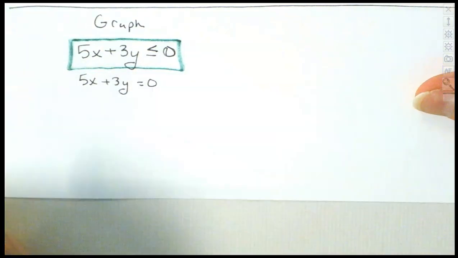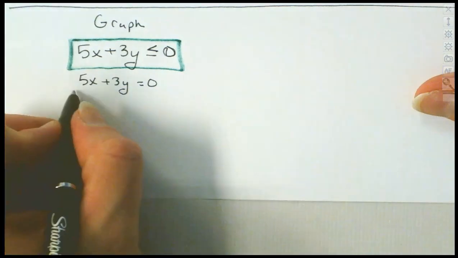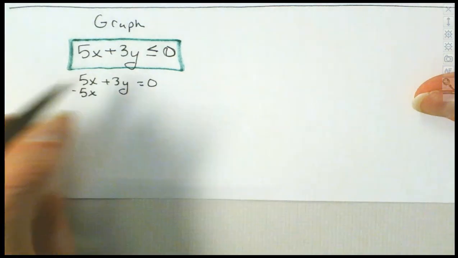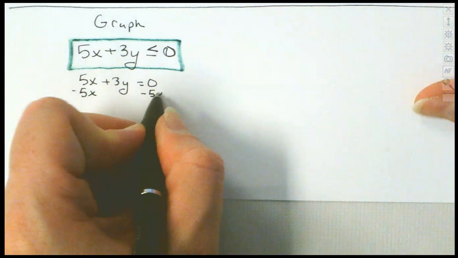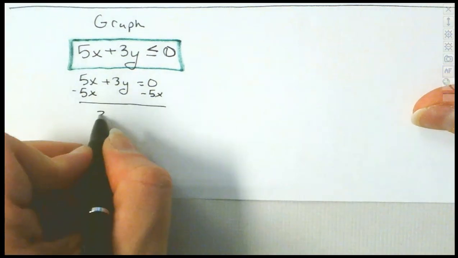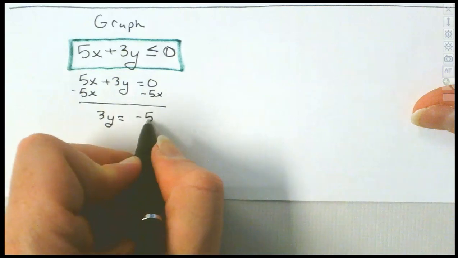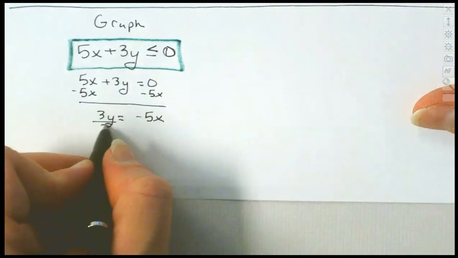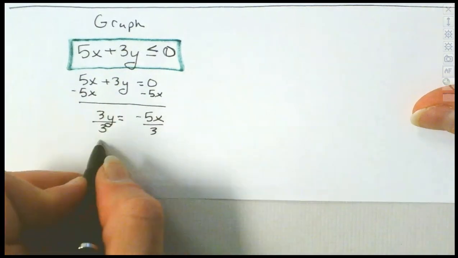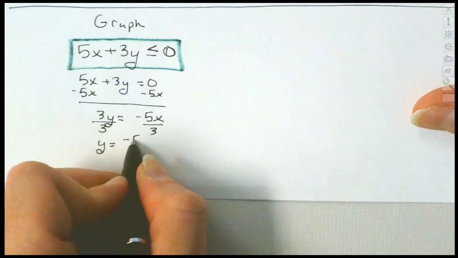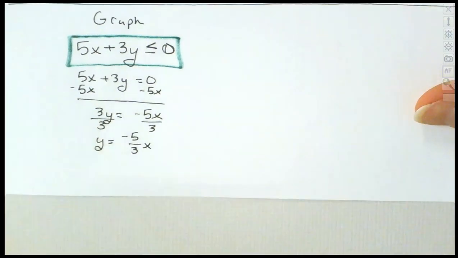And we need to get it to where we can work with it. So we're going to move that 5x over. We have to solve it for y. Now we've got 3y equals negative 5x. Divide by our 3. And we've got y equals now negative 5/3 x.